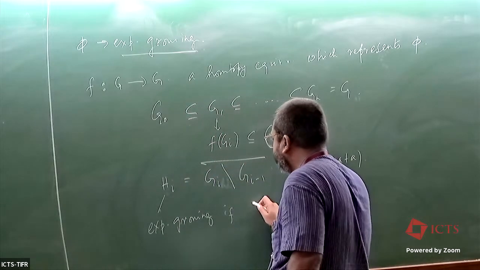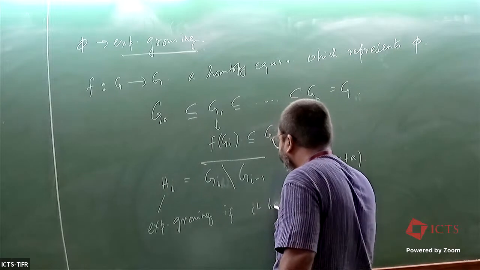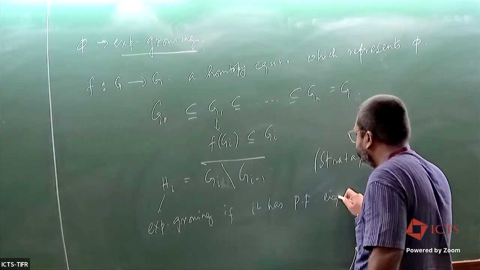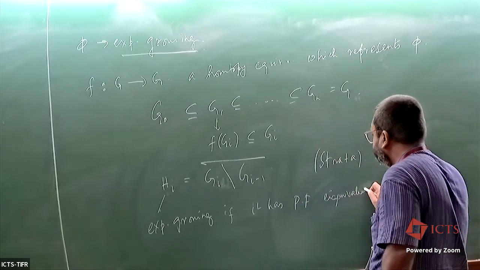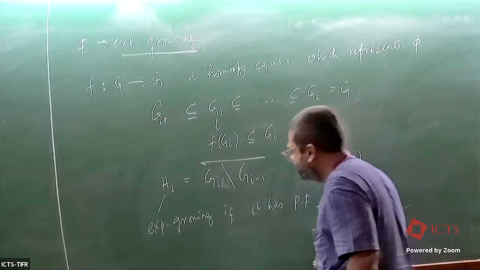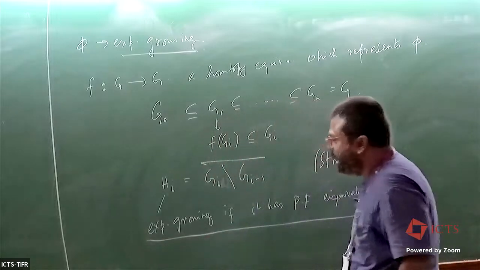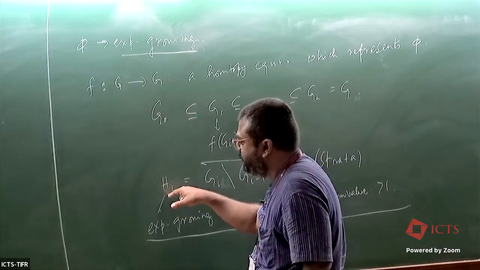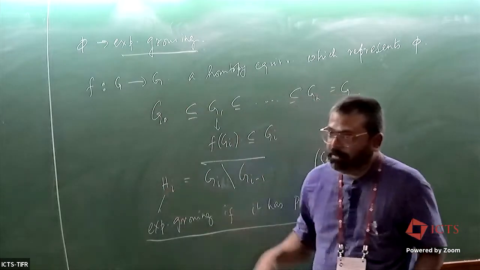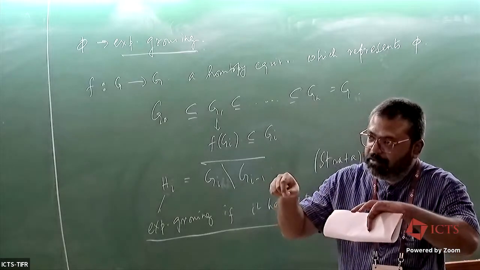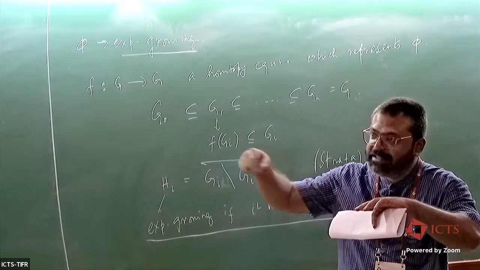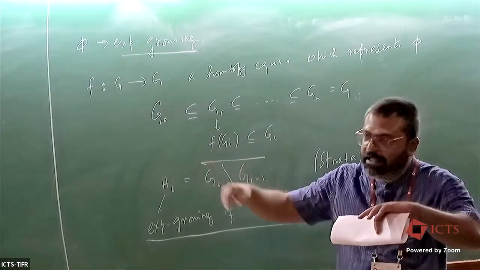So that way, you know that it is exponentially growing if it has a Perron-Frobenius eigenvalue. So the idea is the same. You take f and apply it on each edge of HI, and in its image, you look at what edges of HI are appearing, right?